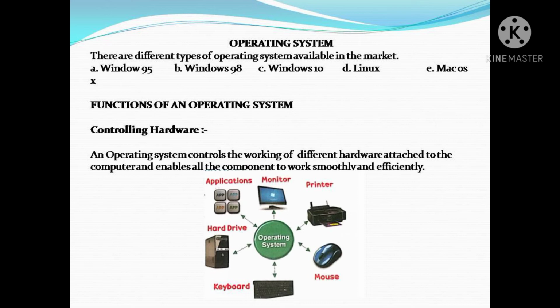The operating system has to take note of what is working where, when to give a command, when to stop, when to start. So it takes care of all these things. An operating system controls the working of the different hardware attached to the computer and enables all the components to work smoothly and efficiently.